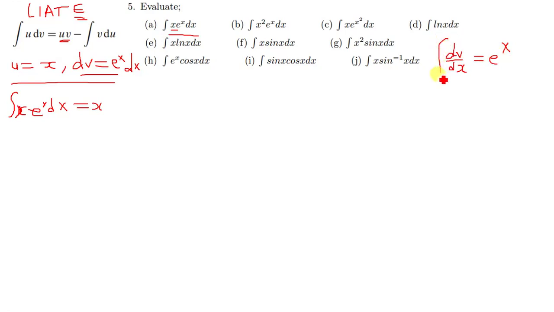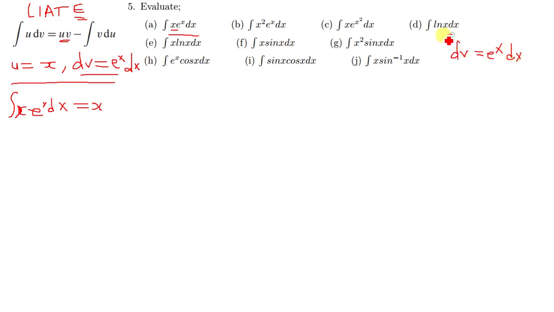When you integrate dv, let me show you this way so that you don't get lost. I'll get the same part here, dv being equal to e raised to power x dx.